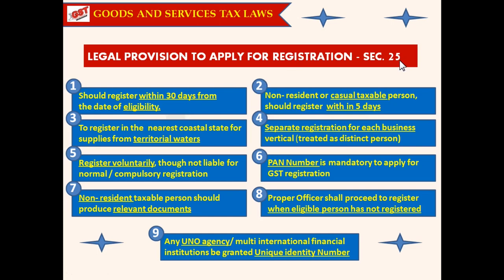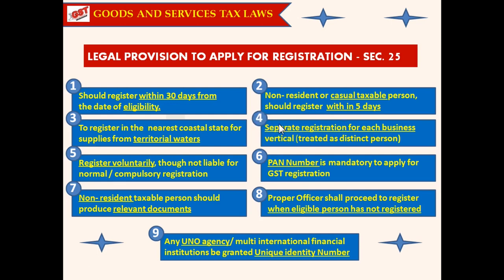Then non-residents or casual taxable persons should register within 5 days of the commencement of their business. Then persons making supplies from territorial water have to register in the nearest coastal state. When there is a supply from a territorial water, then he has to register in the nearest coastal state.